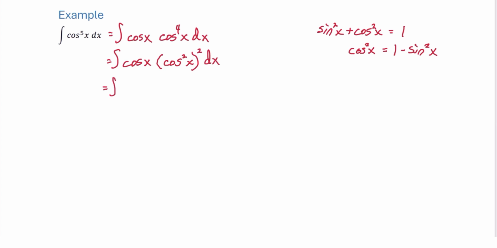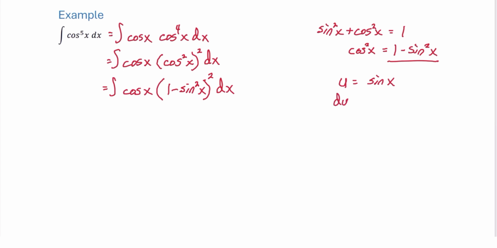So that is now the integral of cosine x times, replace cosine squared with 1 minus sine squared x, and that quantity is being squared, dx. We again want to make a u substitution. This time let's let u be sine x.